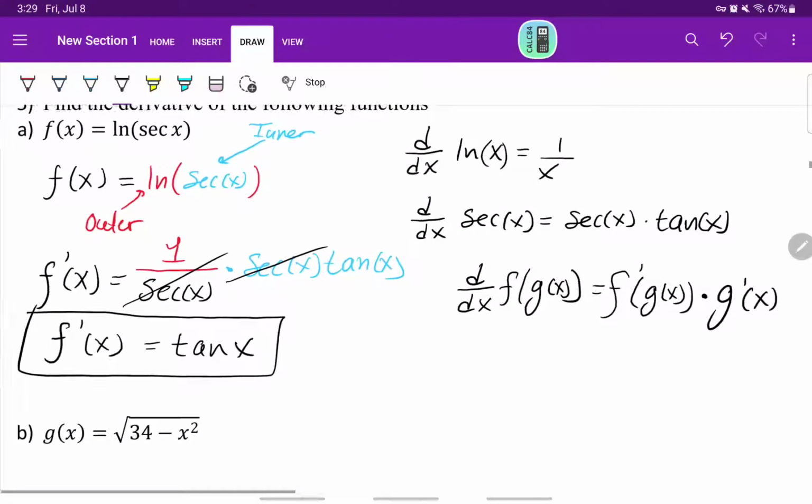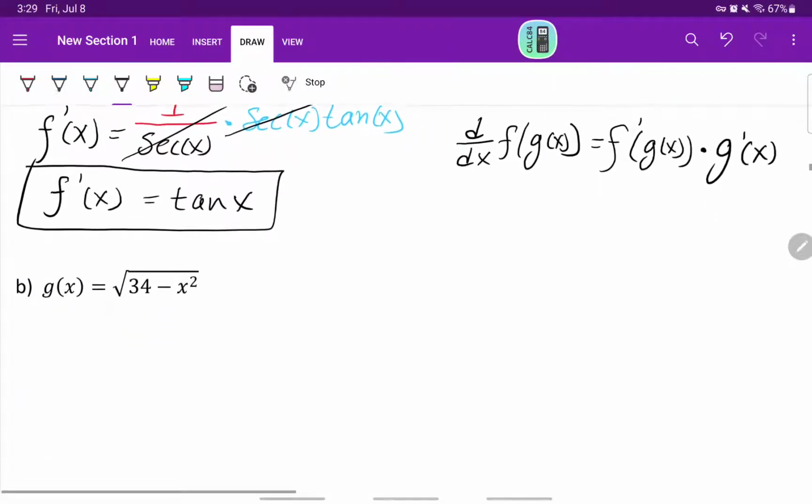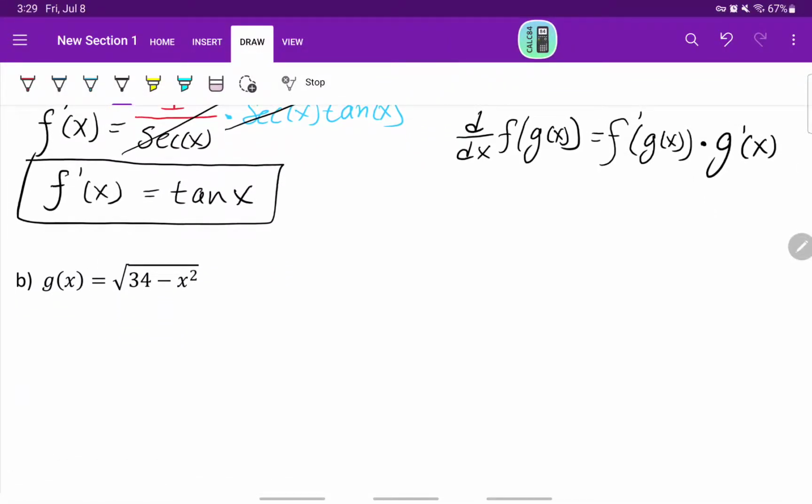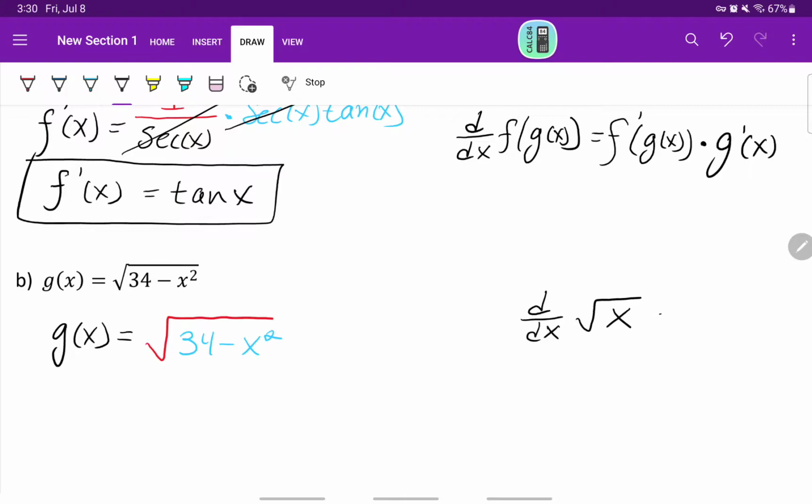All right. Letter B. G of x equals the square root of 34 minus x squared. I'm going to once again rewrite this. The outer function is the square root. The inner function is the 34 minus x squared. Remember, the derivative of the square root of x is 1 over 2 square root of x.